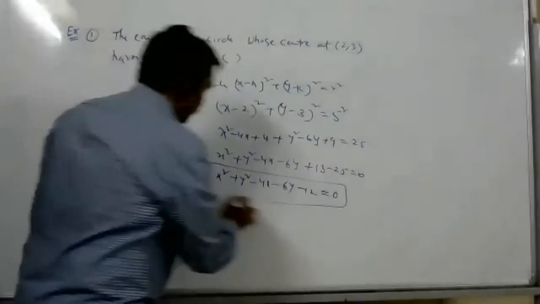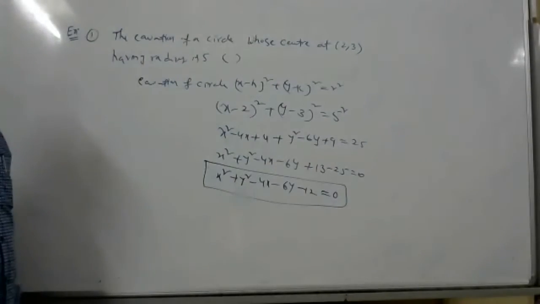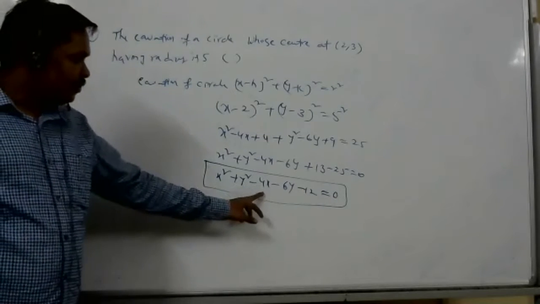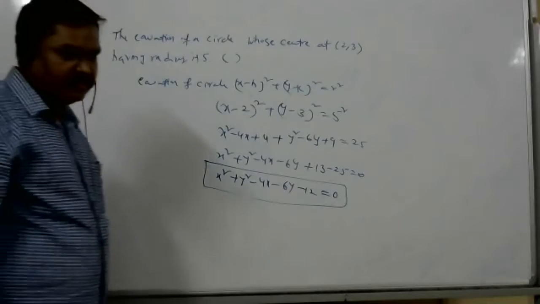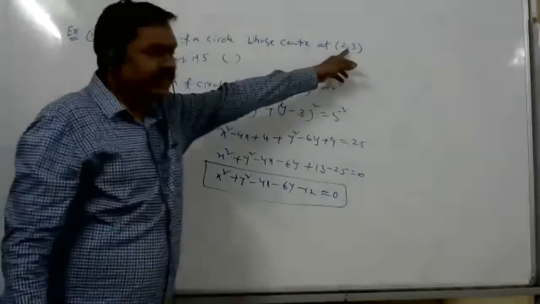This is the standard form of the circle. Center 2 comma 3.